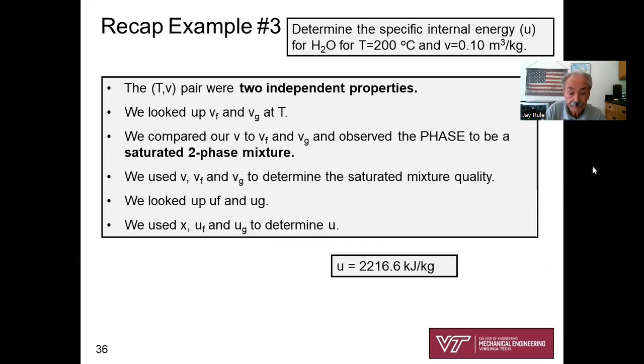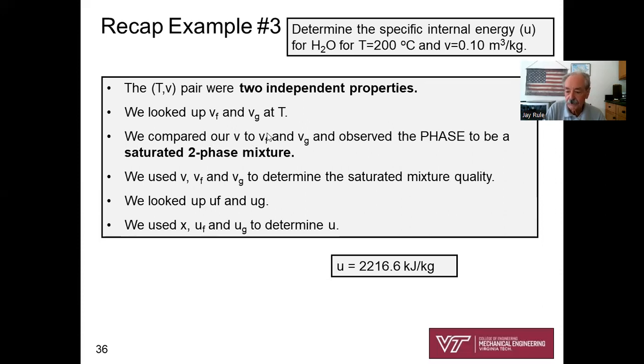All right, here we go. Let's recap for example 3. We had a temperature-specific volume pair. Those are two independent properties. So we looked up V sub F and V sub G to observe that for this problem, we are a saturated mixture.